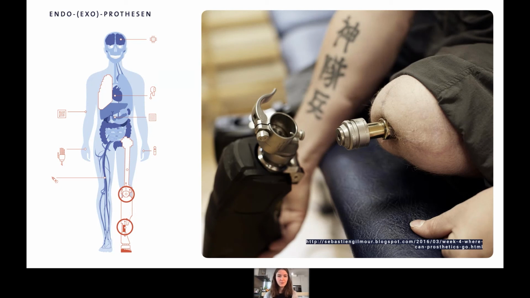It's put in by surgery, so that people can walk again.